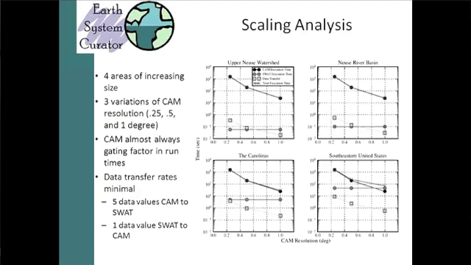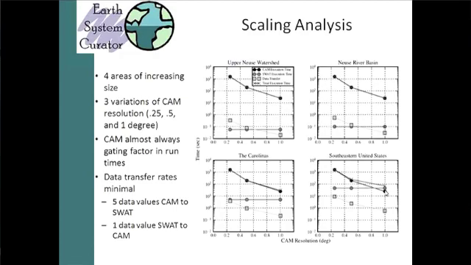Basically the main thing we got out of it was that CAM is pretty much always the gating factor in runtimes. It's what's taking up the most time of the system. There's that one exception, if you look down at where SWAT for the Southeast U.S. actually takes a little longer than CAM at 1 degree resolution.